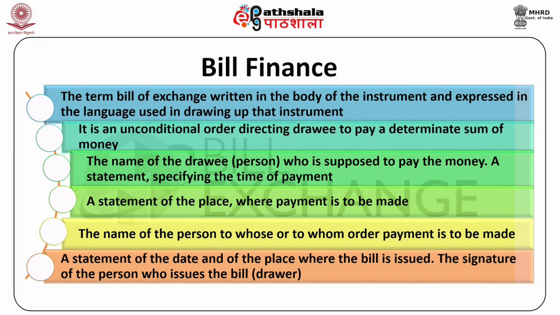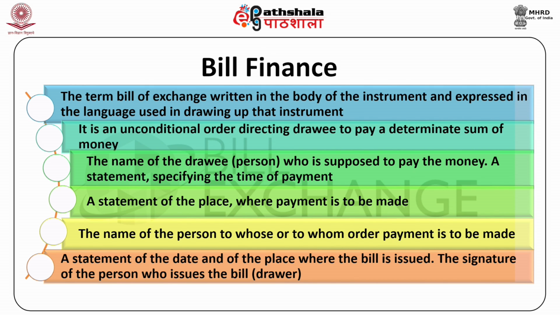As per the 1930 convention, which aims at providing a uniform law for bills of exchange and promissory notes, a bill of exchange contains: 1. The term bill of exchange written in the body of the instrument and expressed in the language used in drawing up that instrument. 2.